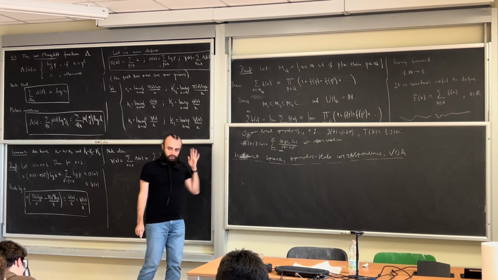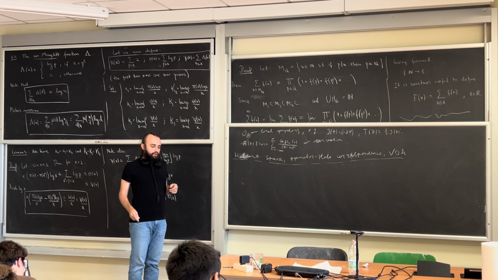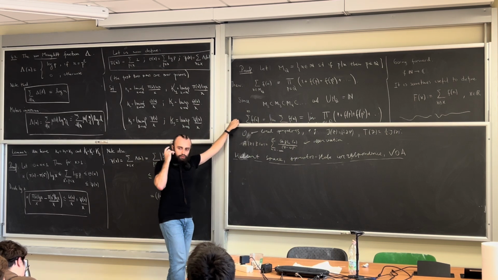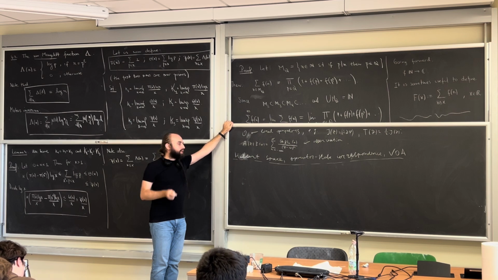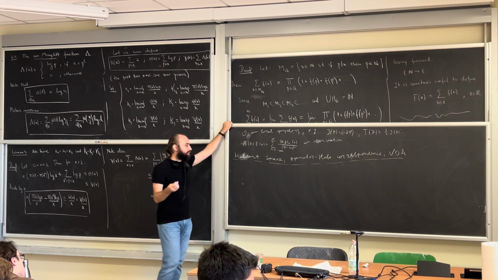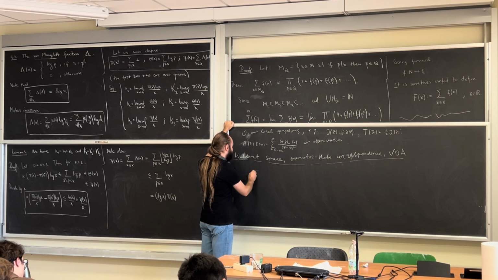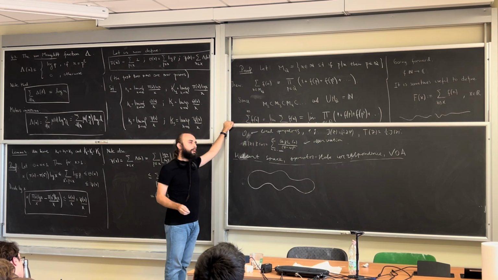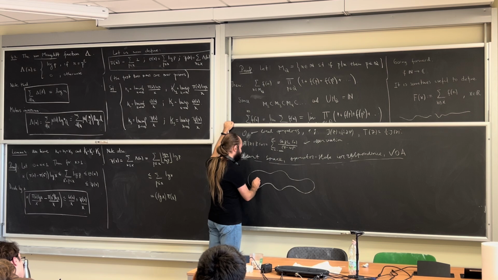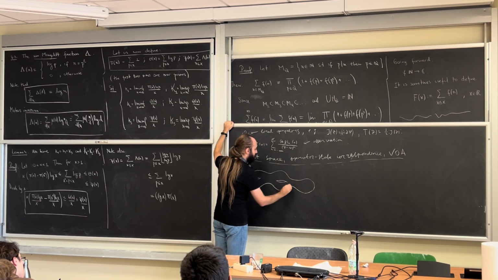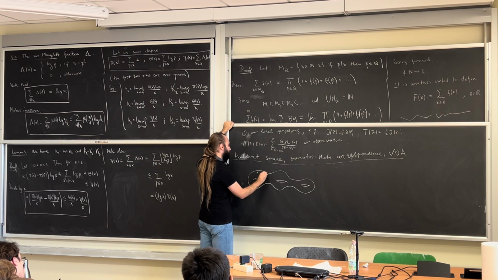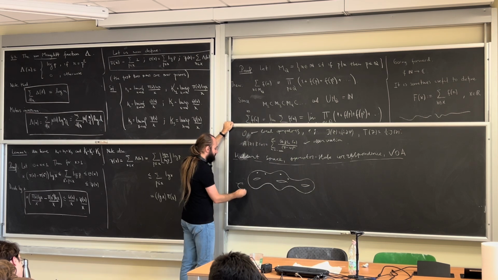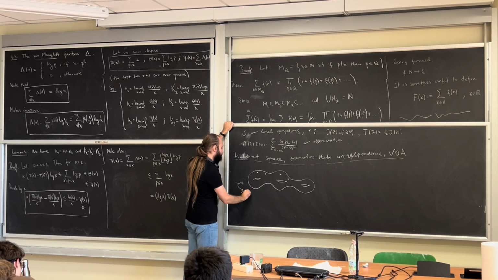So let us think about our theory of free boson, which we can put onto some homogeneous surface, some surface, probably with some punctures, with some surface of genus g with n punctures.